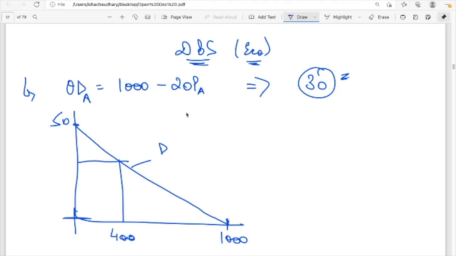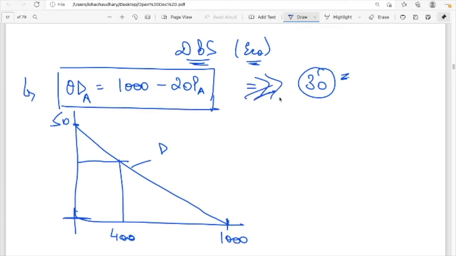My demand function will not change, because I have taken all other factors as constant, like the income of a consumer, the prices of complementary goods, the price of substitute goods, and change in technology. I'm assuming that the quantity demanded for my product depends only on the price of my product. When I fix my price at 30, my quantity demanded is 400 units.